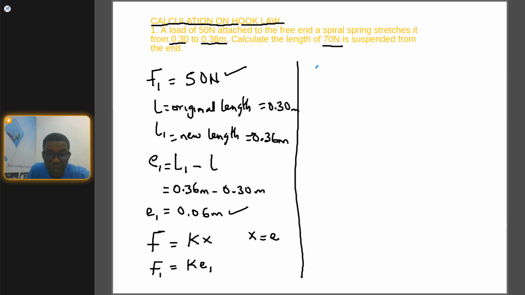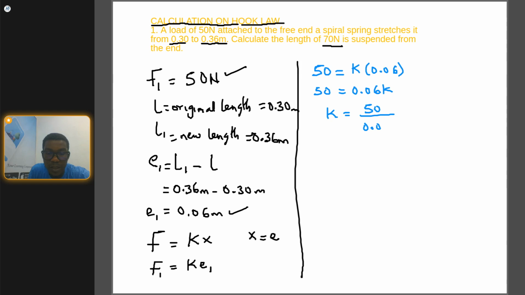So we have 50 equals K into bracket 0.06 close bracket. That is 50 equals 0.06K. Dividing both sides by 0.06, we have K equals 50 over 0.06.